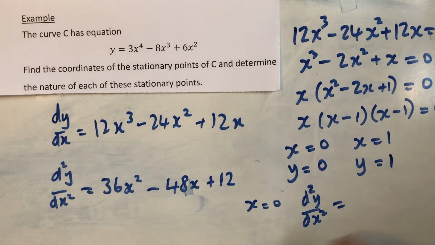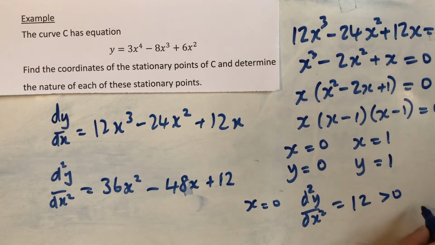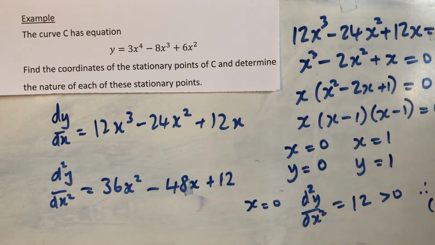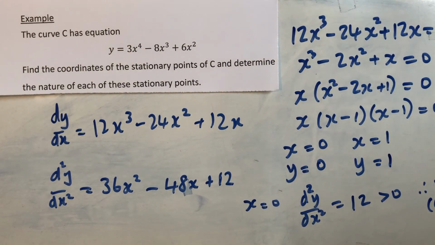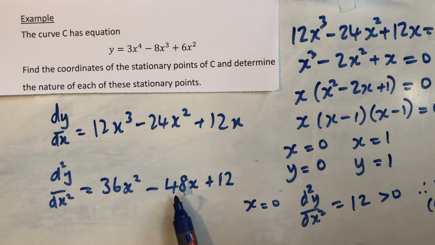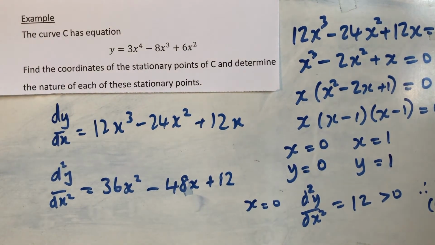Now if I put x equals 0 into the second derivative, I come out with 0 minus 0 plus 12, which is bigger than 0, so therefore we've got a minimum at 0, 0. And when I put 1 into here, I get 36 take 48 plus 12, I get 0. Hence, the reason I didn't write it down, I have to do additional work.